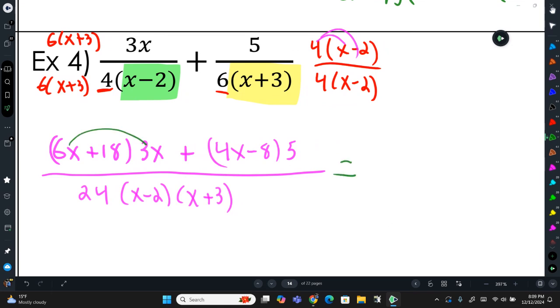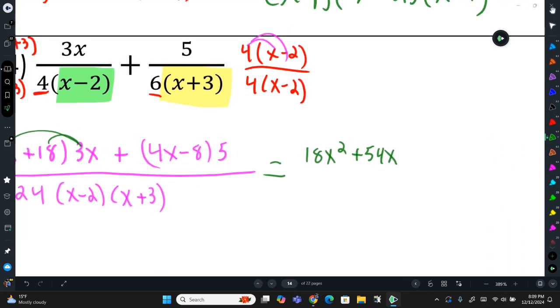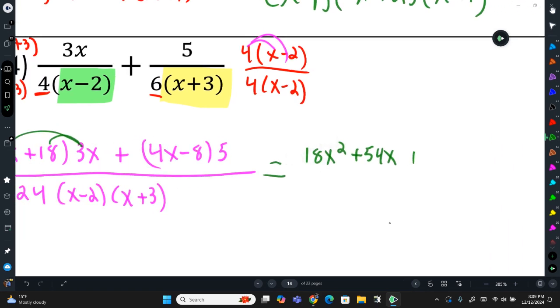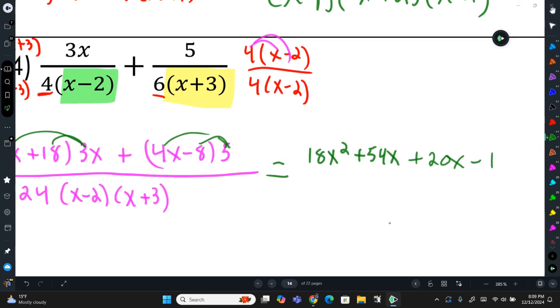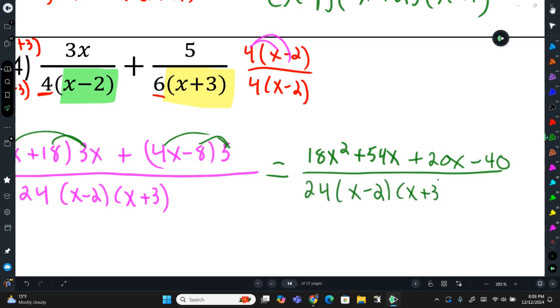We have 6x times 3x, which is 18x squared, plus 54x, plus 4 times 5 is 20x, minus 40, all over 24 times x minus 2 times x plus 3.